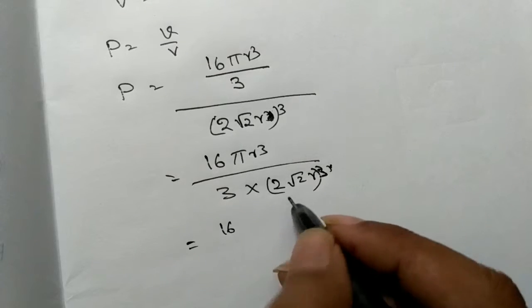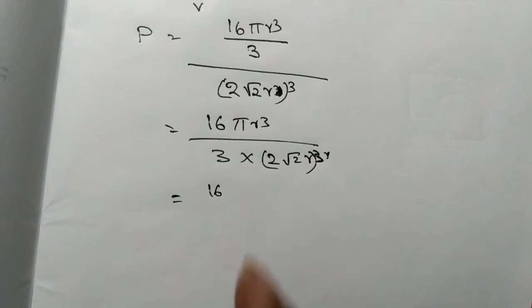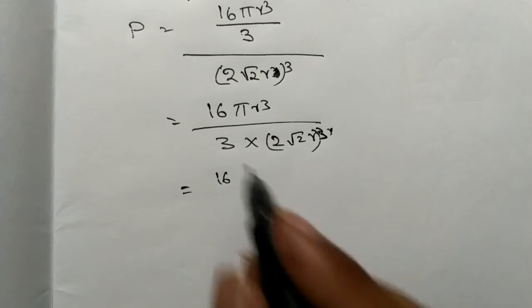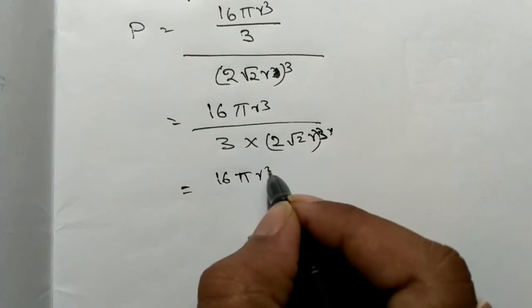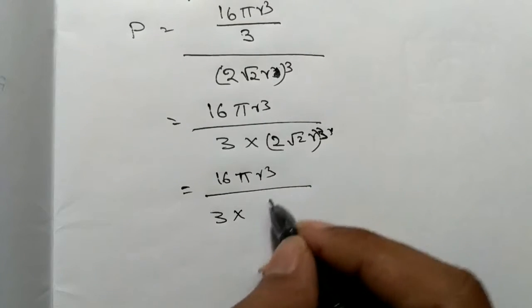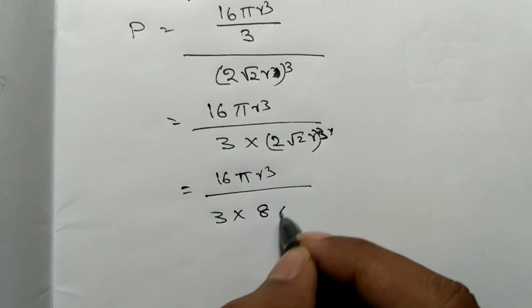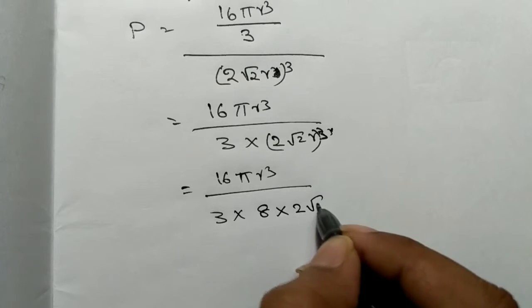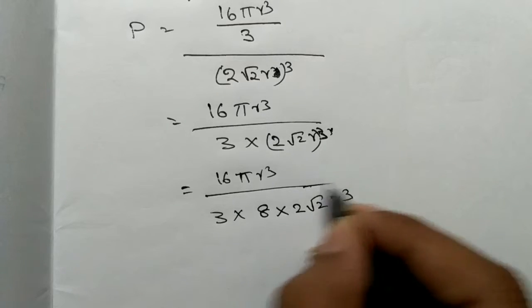16 pi r cube by 3 into 2 cube means 8, that is 2 root 2 r cube.